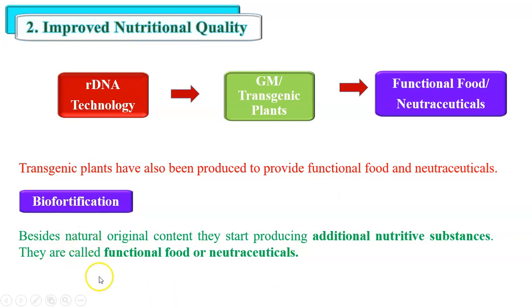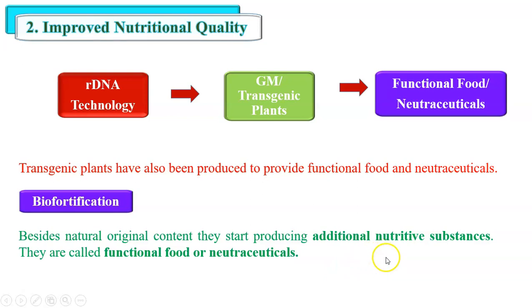These nutraceuticals, besides their natural original content, have some additional nutritive substances and therefore they are also called functional foods. Nutraceuticals because they are used as a medicine for the treatment of the deficiency of that particular nutrient.